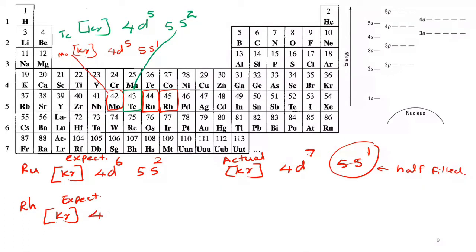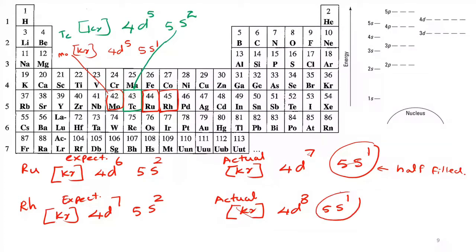You would expect 4d7, 5s2, but you actually get the krypton core 4d8, 5s1.